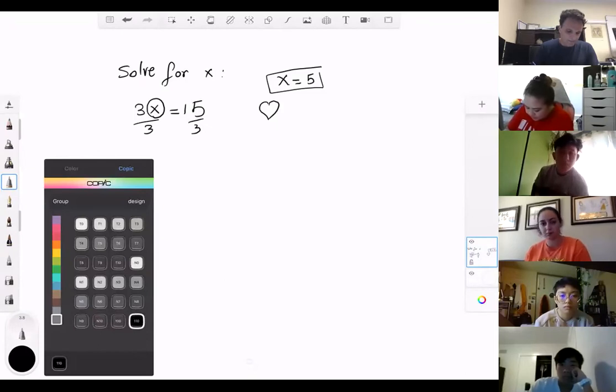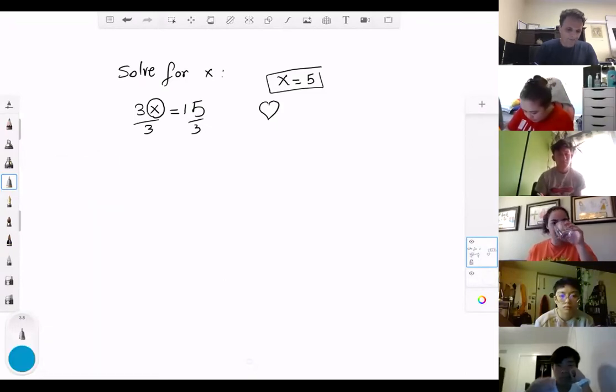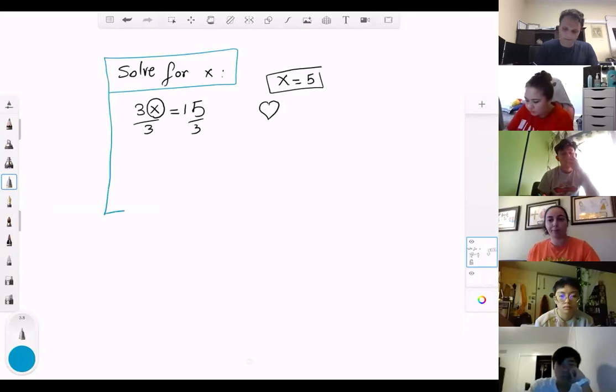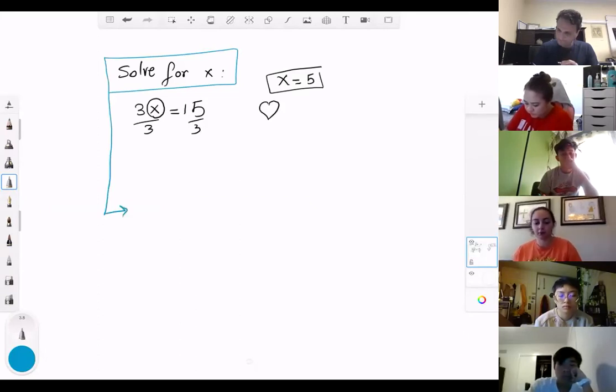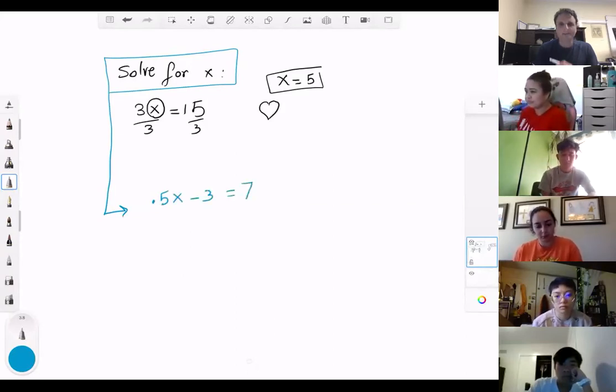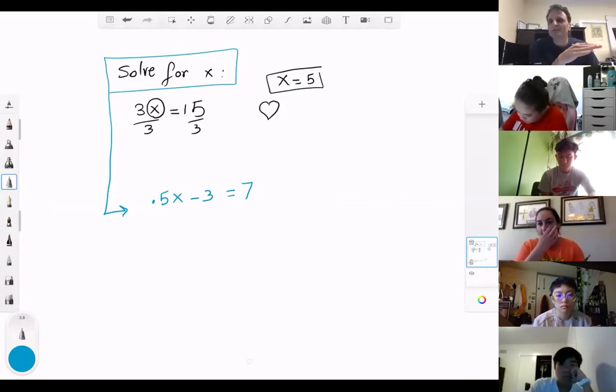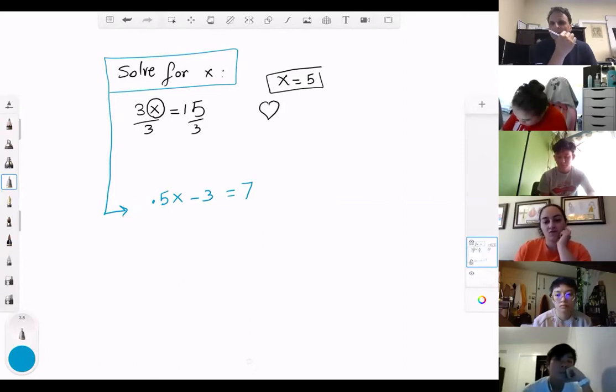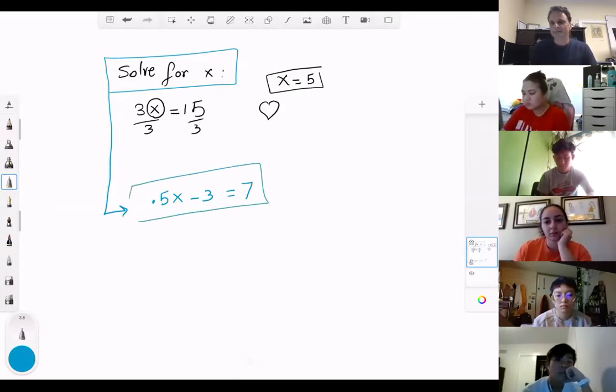Same type of topic that we're going to solve. This is solve. Now I'm going to make it 0.5x minus 3 equals 7. By the end of this course, or by the middle of this summer session, when you see an equation, before you jump to solve it, you need to know what type of equation this is.